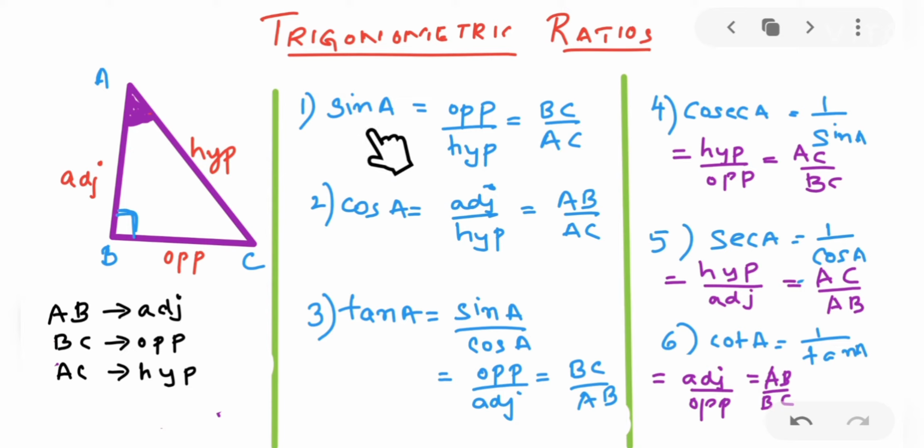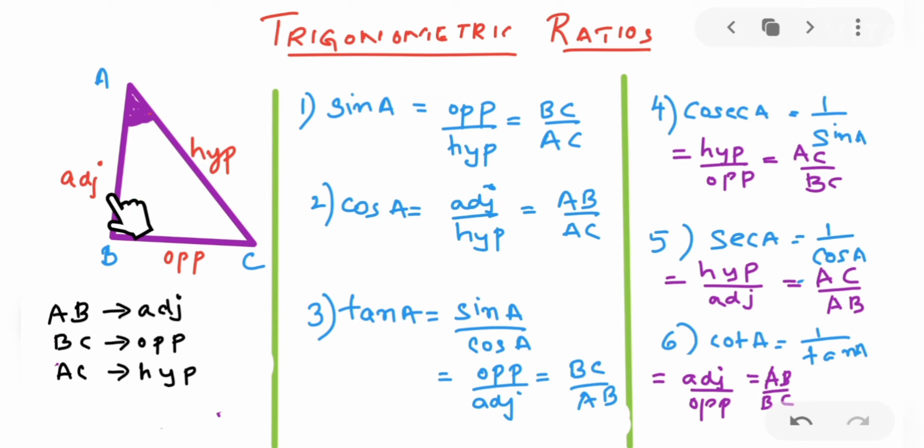First formula is sine. The reference angle chosen has to be written here, so it is sine A. The sine A formula is opposite side by hypotenuse, so that is BC by AC. Cos formula is adjacent by hypotenuse.